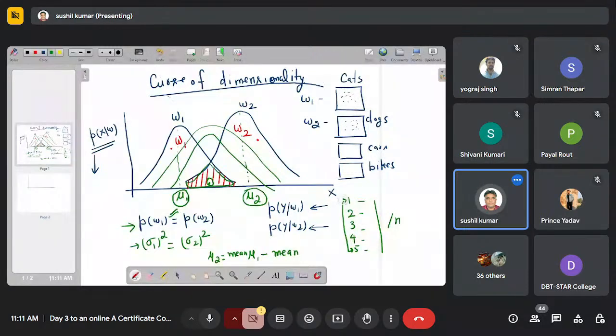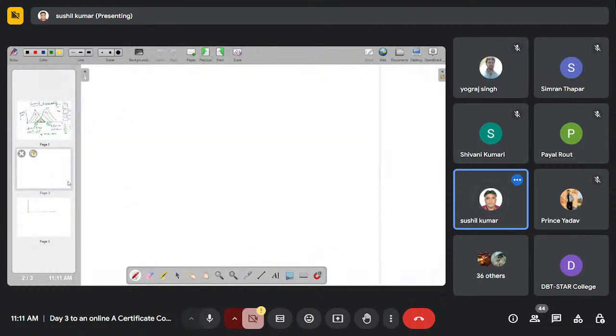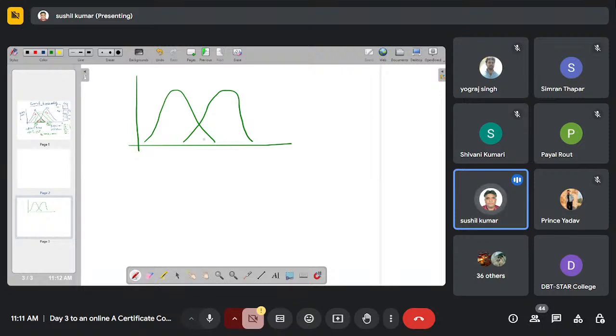But if you have more values, then it will not be the same. So suppose this is one class, this is another class. My aim here is to reduce this area, to reduce the error. This is the error here.